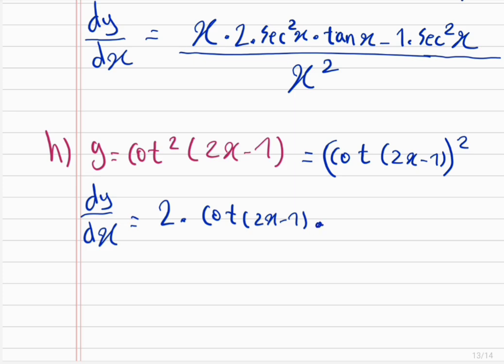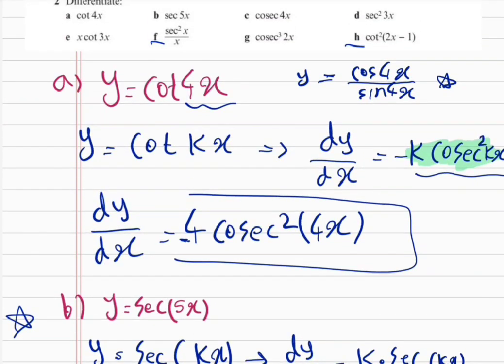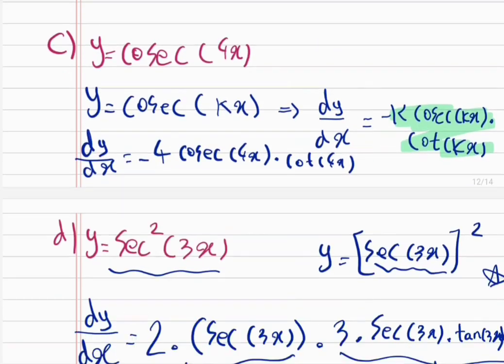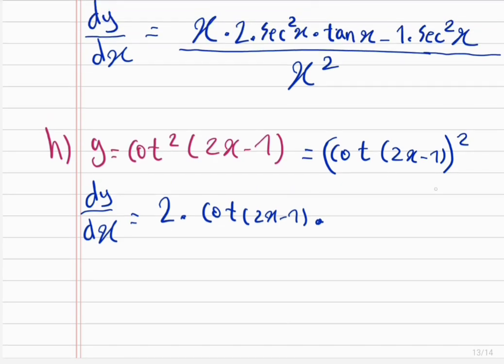Now the second part of the chain rule is about differentiating inside, so differentiate the function that is inside. If you want to differentiate cot 2x minus 1, just to remind you, whenever we have cot kx, that differentiates to minus k cosec squared kx. In this case, we have cot 2x minus 1.